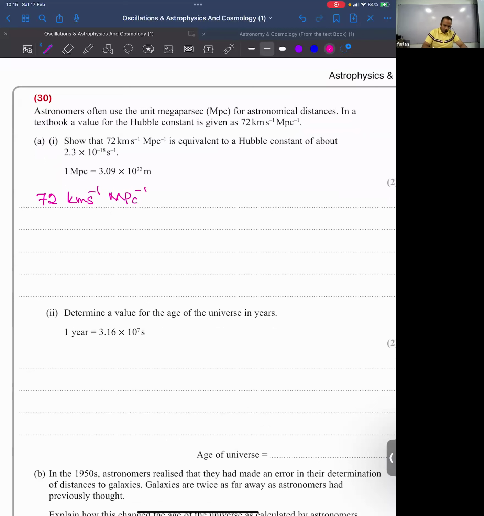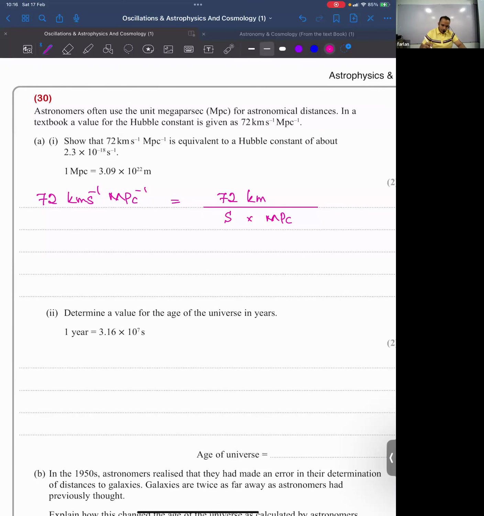How do I do the unit conversion? Look at this, which is 72 kilometers over second into megaparsec. If I write the units, these are the units: 72 kilometers over second over megaparsec.